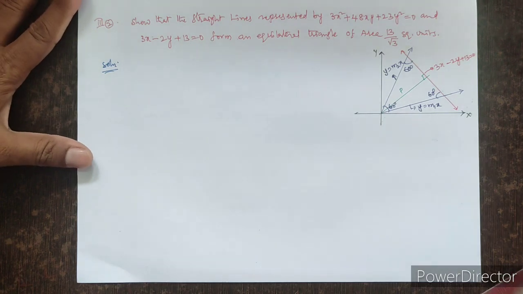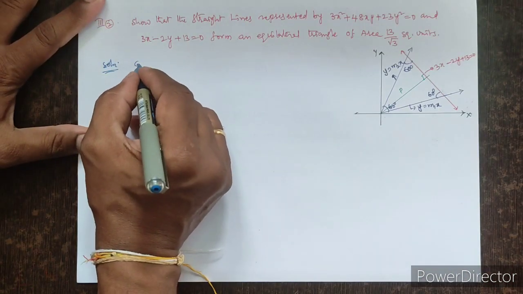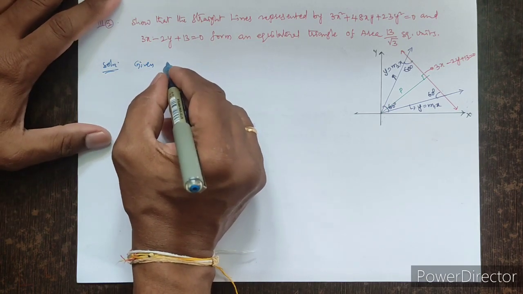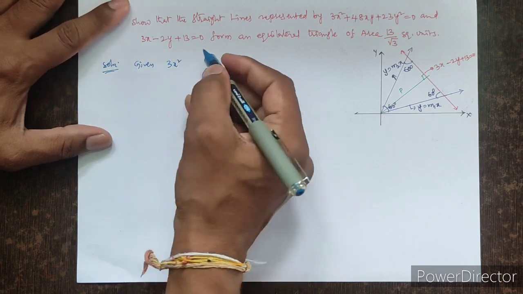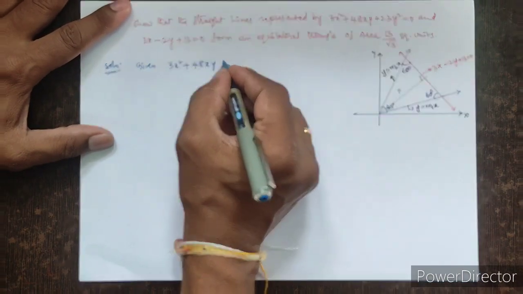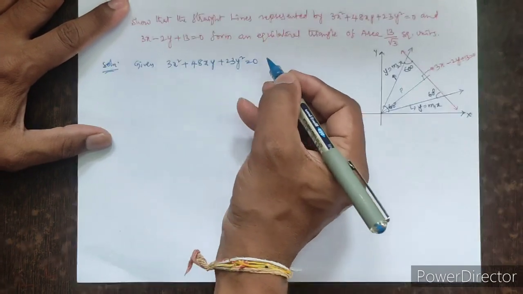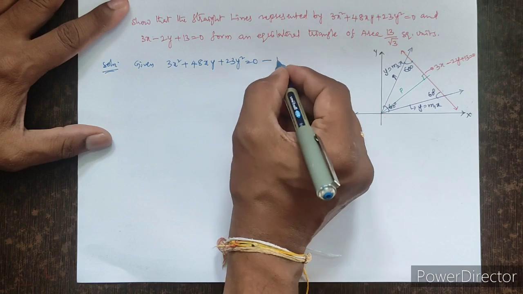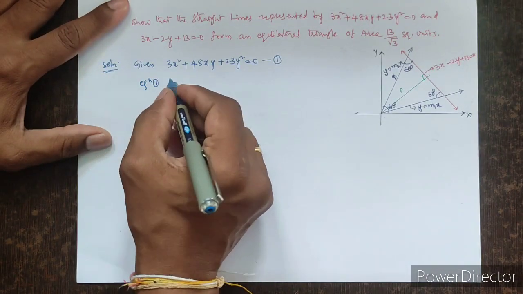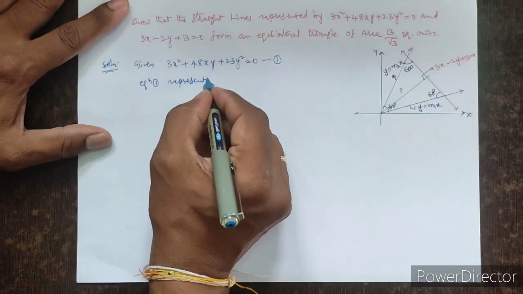Now see the solution. Given combined equation 3x square plus 48xy plus 23y square equal to 0, that is equation number 1. Equation 1 represents what?